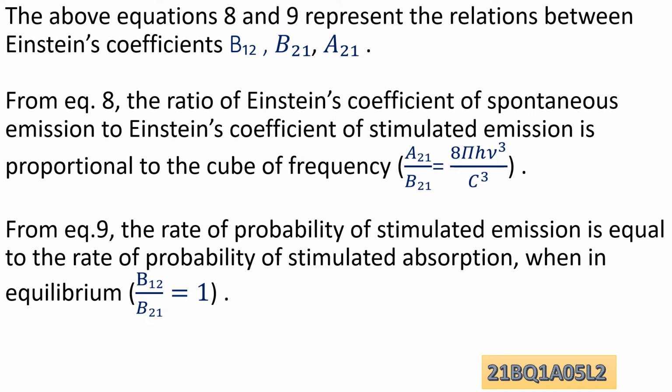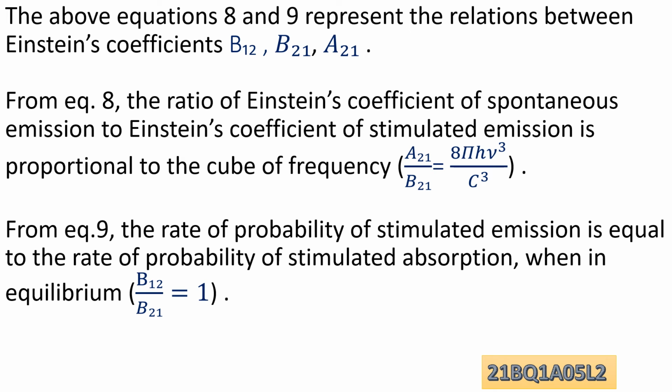The above equations 8 and 9 represent the relations between Einstein's coefficients B12, B21, A21. It is known that from equation 8, 8, pi, h and c cube are constants.